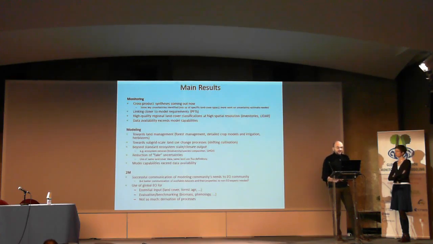High quality regional land cover classifications, yes, we have that already. So we can achieve land cover classification with a high accuracy at the regional scale. There are successful initiatives, for instance, for forest inventories using LiDAR, for instance, in Scandinavia.